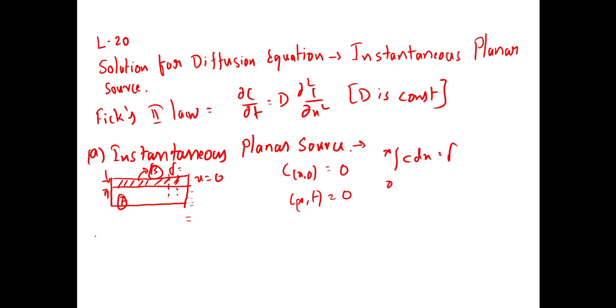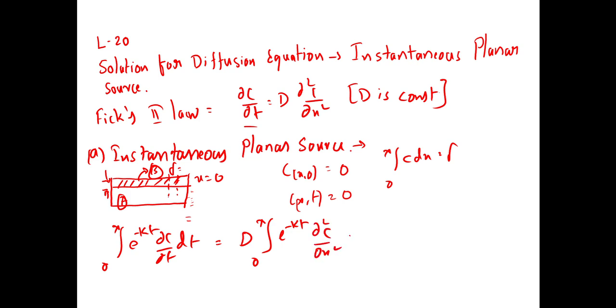Then if you consider this equation and apply the Laplace transform, we will get the integral from 0 to infinity of e raised to minus kt times dou c by dou t dt on the left side, and on the right side the integral of e raised to minus kt times the second derivative.